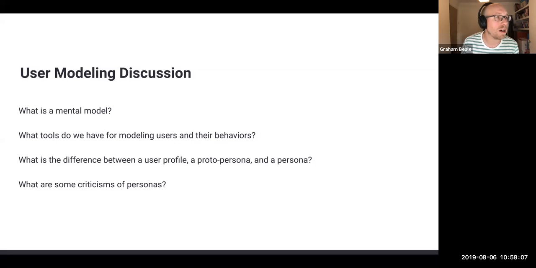There are some criticisms of personas. When they are very similar to what you might call marketing profiles. And marketing profiles will look at vast numbers of users and put them into big camps so they can target them for marketing means. So you might do direct mailing or emailings. And the two can get quite confused.